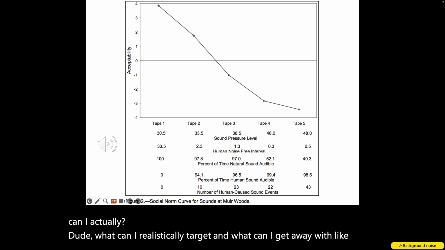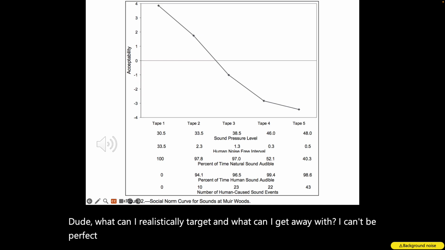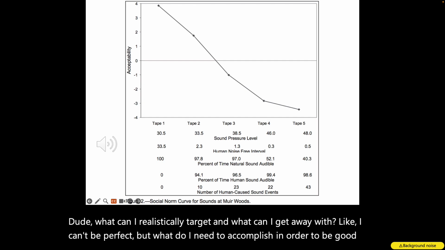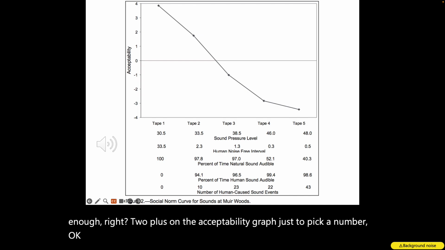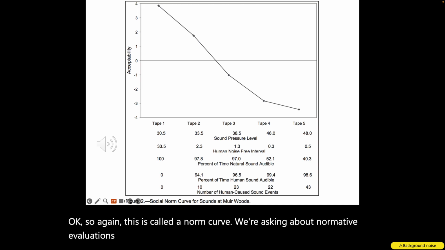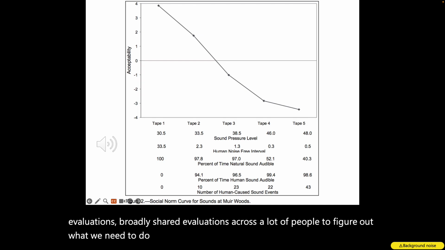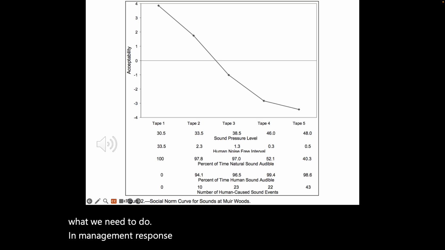Like, I can't be perfect, but what do I need to accomplish in order to be good enough, right? 2+ on the acceptability graph, just to pick a number. Okay? So again, this is called a norm curve. We're asking about normative evaluations, broadly shared evaluations across a lot of people to figure out what we need to do in management response. All right?